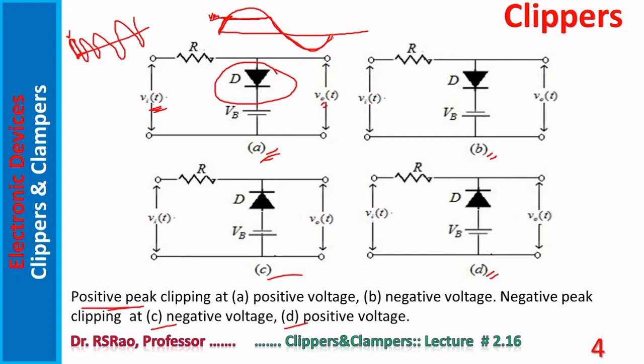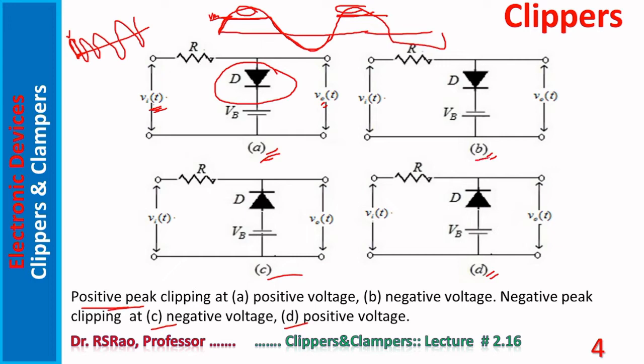During the next cycle, again same story. A part of the positive half cycle gets removed. Negative half cycle gets transmitted as usual. So notice here the positive peaks are being removed.